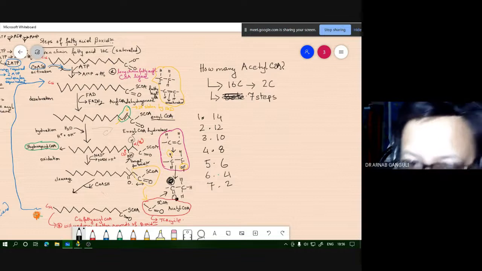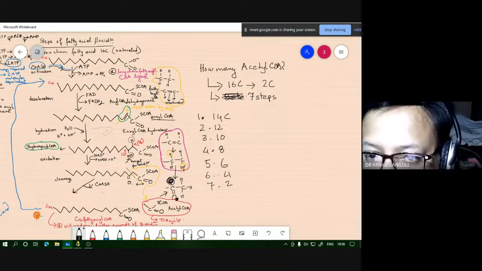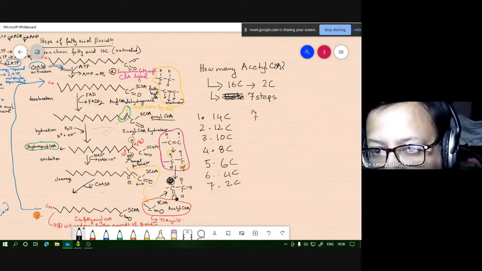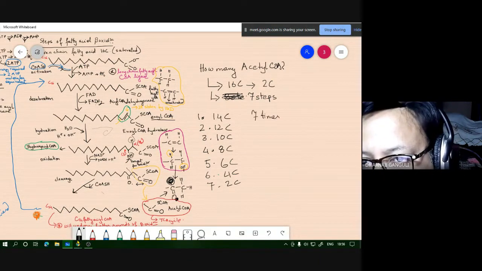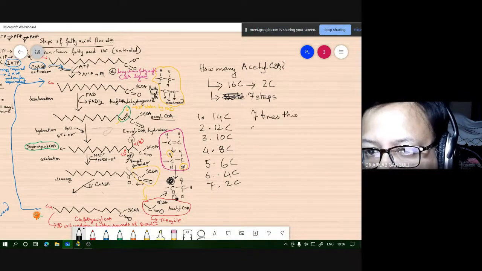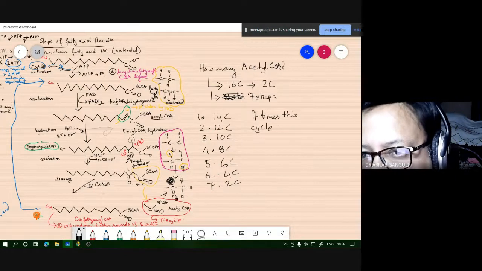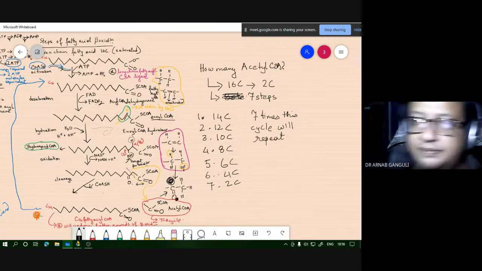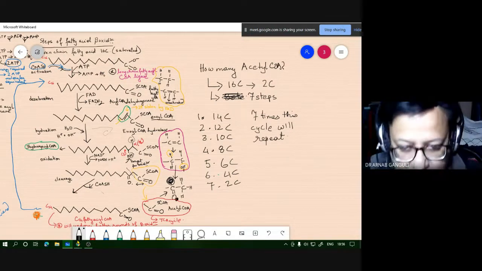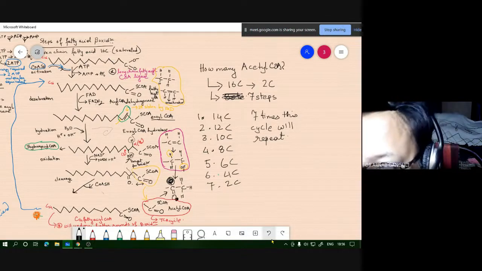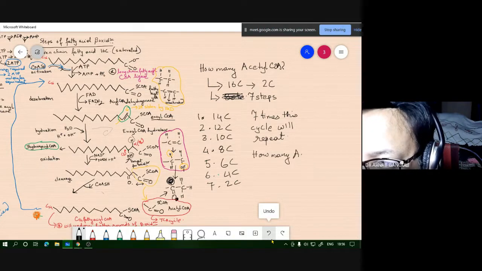So this cycle will repeat 7 times. Now the next question is, how many acetyl coenzyme A?